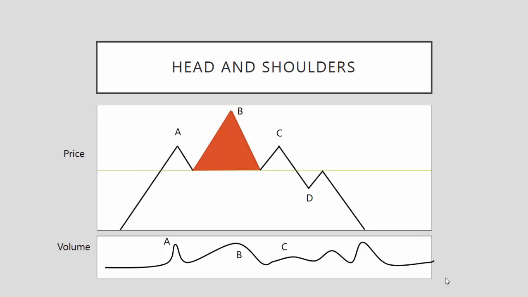Point B: another high volume rally which can register a higher level than the previous rally, then another retracement with lower volume to somewhere near the bottom of the previous retracement. This makes our head.